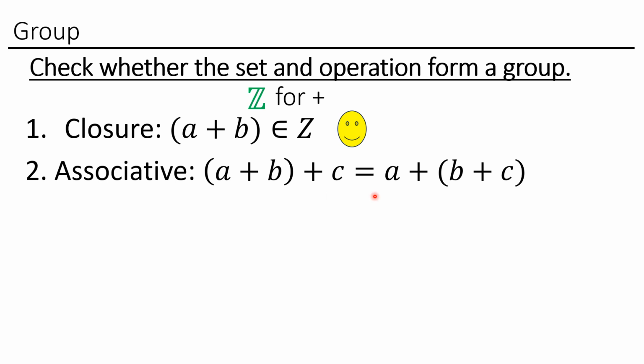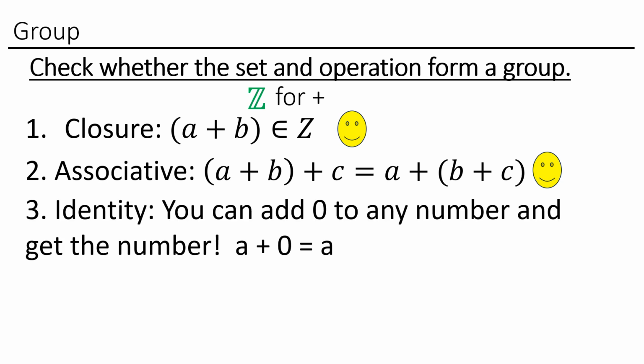Yep, that works out good. Or we can say 1 plus the quantity 2 plus 3, where 2 plus 3 is 5, plus 1 would be 6. Everything is great. So it doesn't matter the order in which you do it. That is associative, and everything works good. So that's no problem either.